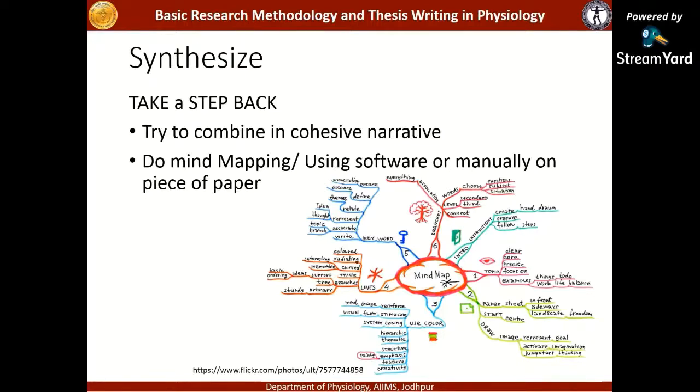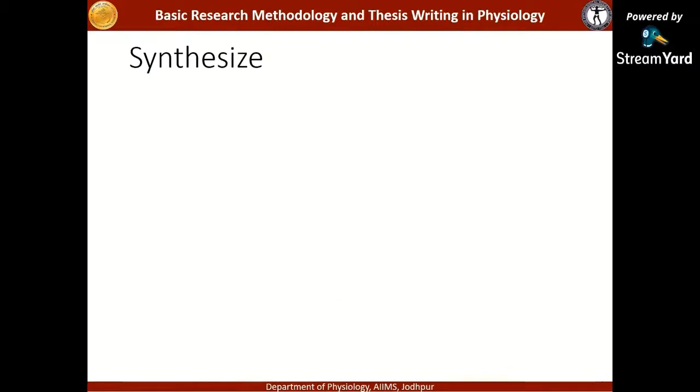Go for how you are doing it, whether you are drawing some images. Use different colors to identify. Make a tree, branching, sub-branching. Give your keywords, set them properly. Where are they associated, right?